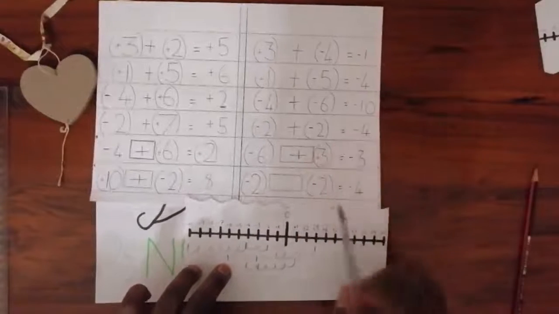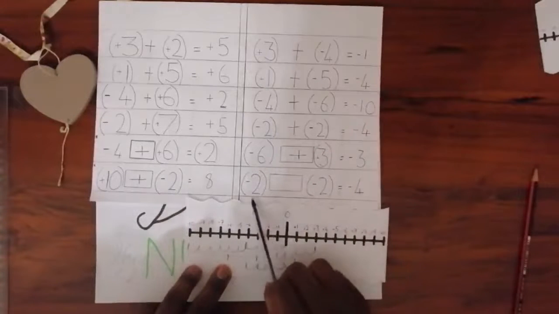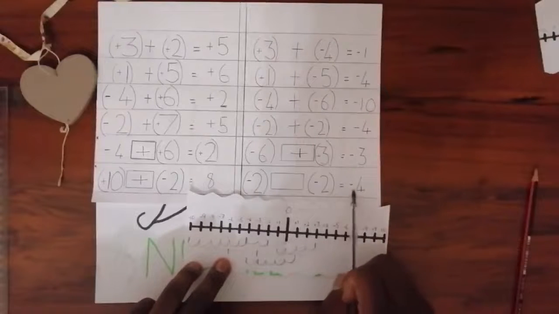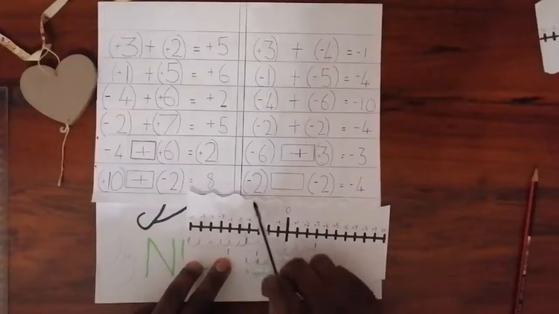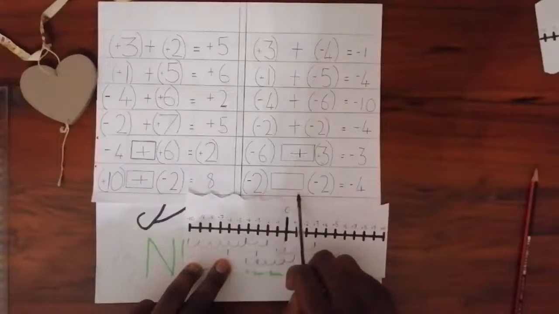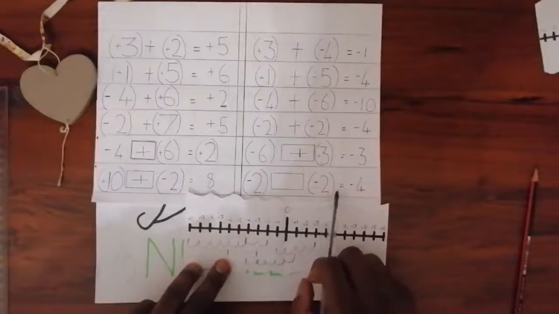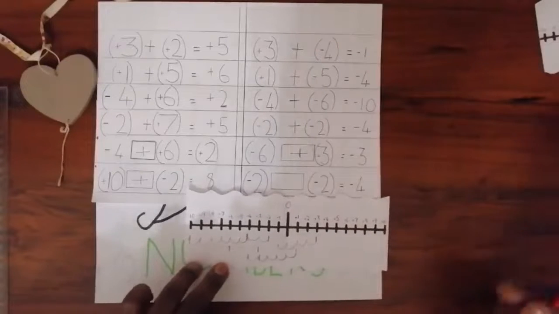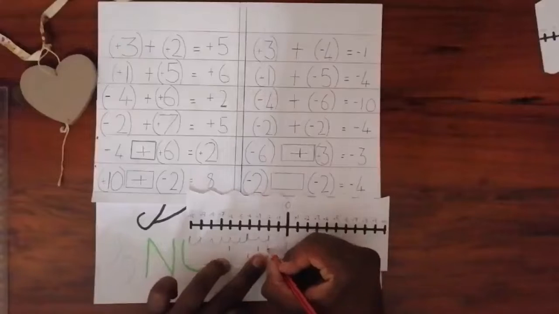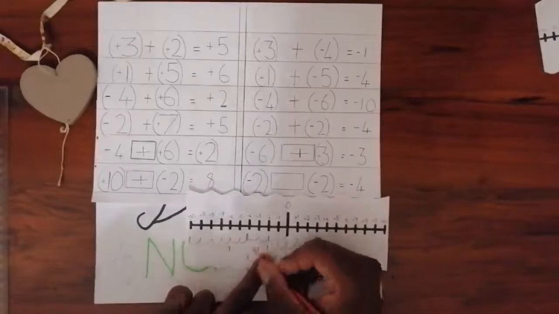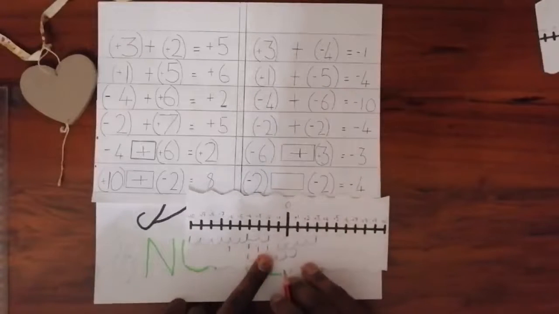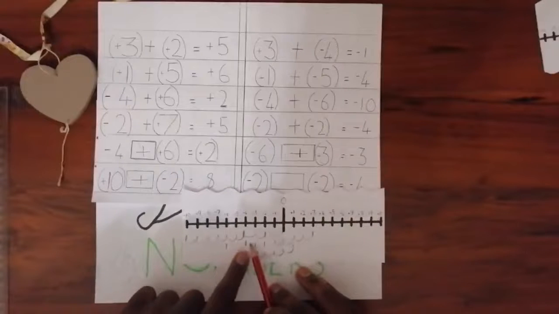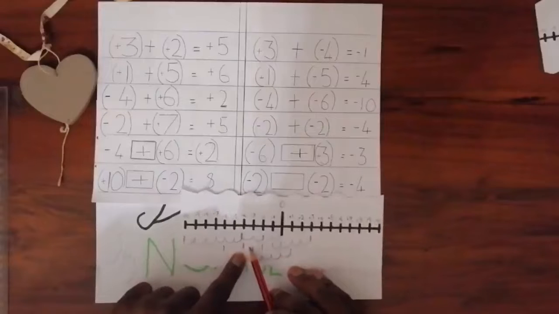Now again, the second question. -2 dash -2 is equal to -4. Again, let's use our number line. Our start position is -2, but our end position is -4. The only way -2 could have moved to -4 is if we move to the left.